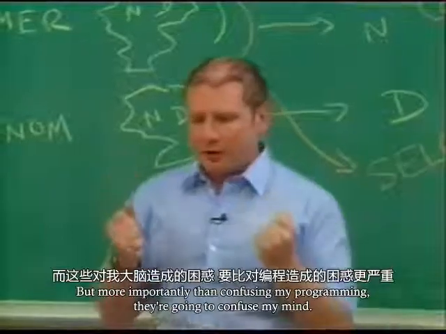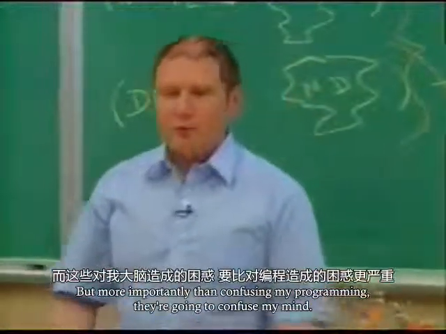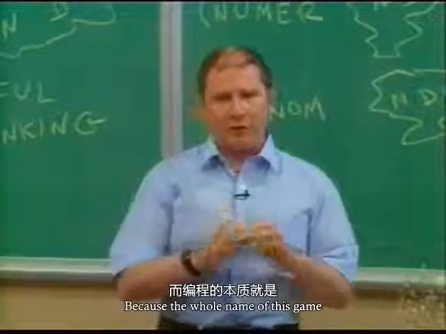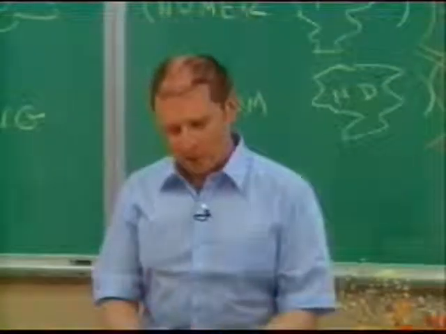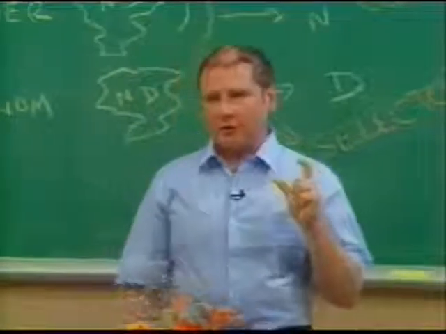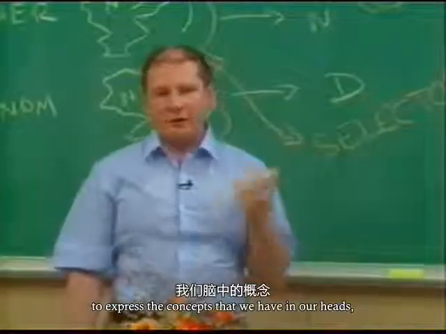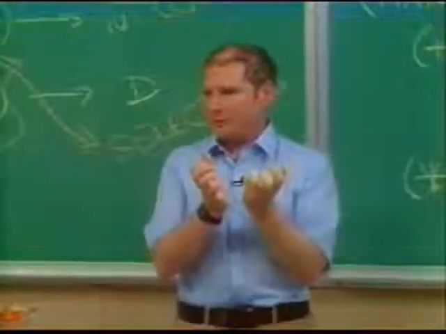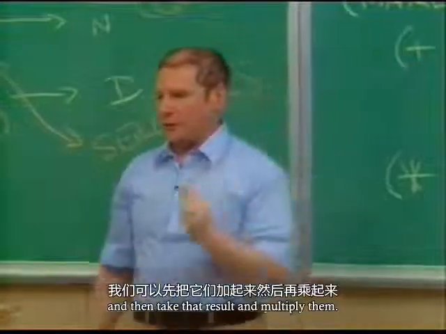But more importantly, they're going to confuse my mind. Because the whole name of this game is that we'd like the programming language to express the concepts that we have in our heads, like rational numbers are things that you can add, and then take that result and multiply them.